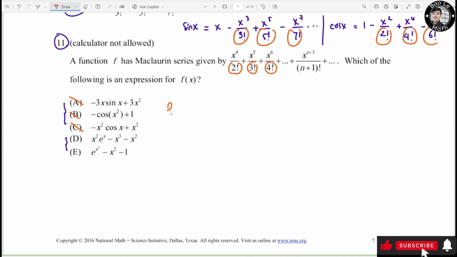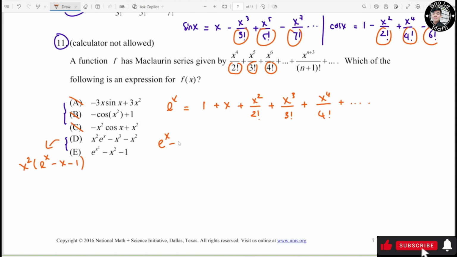Now we have e to the s is given by this. Now look at D right here, we can factor s squared out. So we have e to the s minus 1, right? So I'm going to subtract s and subtract 1 from both sides. So I'm going to end up with e to the s minus 1, and then this term is gone.